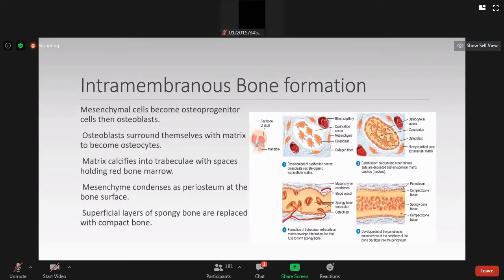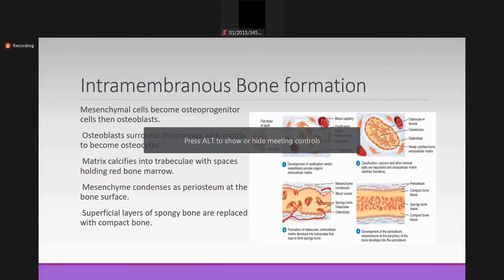For intramembranous bone formation, this is the diagrammatic representation of how the mesenchymal cells become the osteoprogenitor cells and then the osteoblasts.